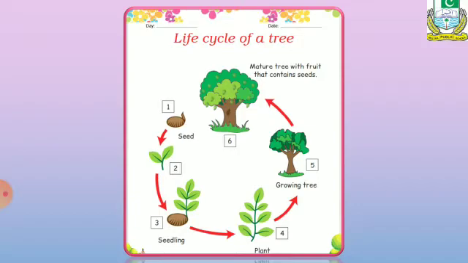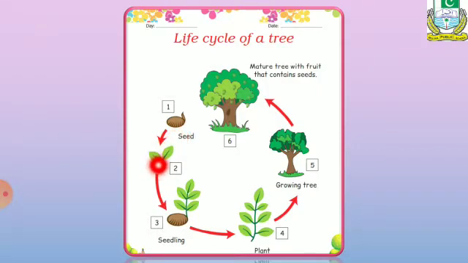Step 1. Step 1, you know, life cycle of a tree begins with a seed. We sow the seed in the soil and then the seed starts to grow. That is step 1. So step 1 starts with seed.